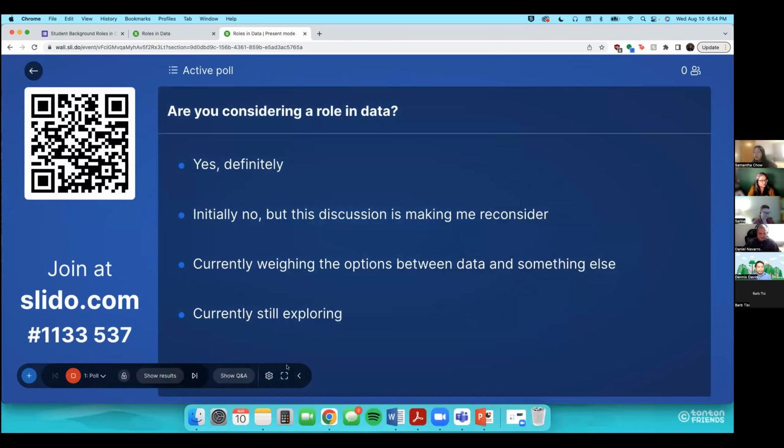I'll give you a couple of minutes to do this question, and I'll read it out loud as well. Are you currently considering a role in data, attending this panel? I think there could be a range of people who are interested: people who are definitely interested in a role in data, maybe initially not, but so far the questions are piquing your interest, currently weighing the options between maybe data, maybe something else related or super different, or just currently unsure and still exploring in the early stages.